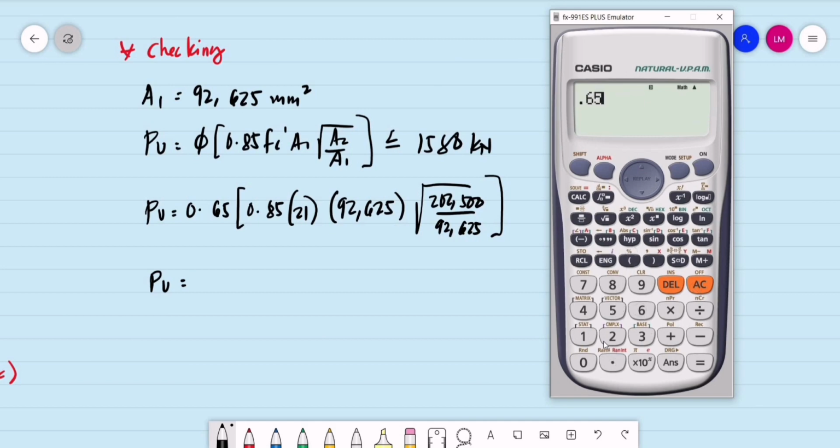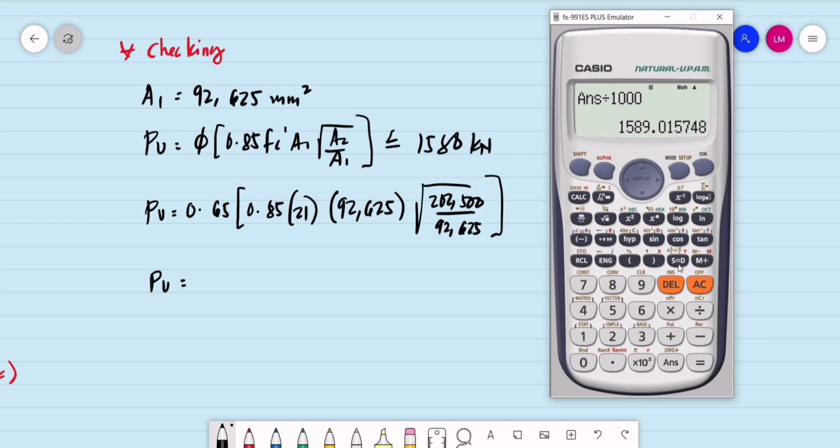So phi Pn is now equal to 0.65 multiplied by 0.85, then 21 megapascals. Area 1 is 92,625, then multiplied by the square root of 202,500 divided by 92,625. Then to be divided by 1,000 to be in kilonewtons.